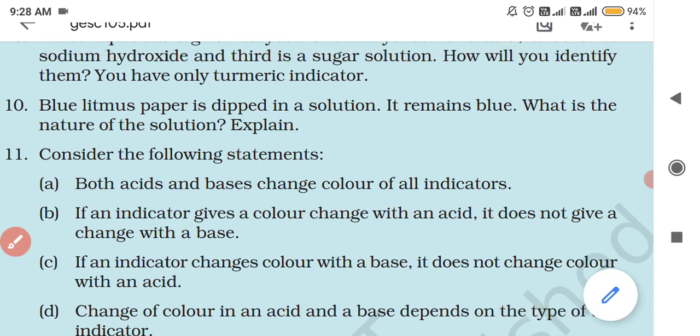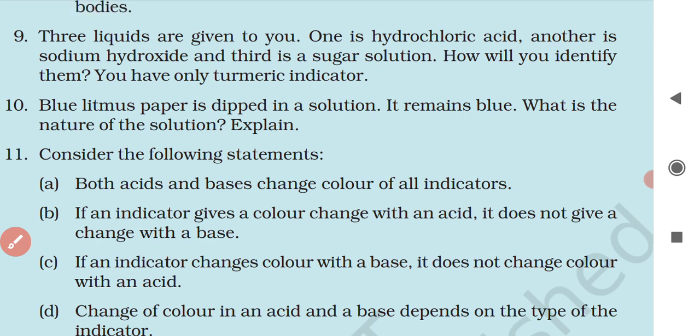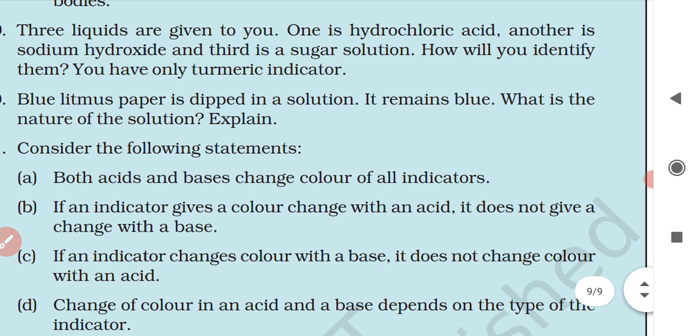So what is given in the statement? If an indicator gives a color change with an acid, it does not give a change with a base. In case of China rose indicator, both acids and bases change the color, from light pink to deep pink, and from light pink to green, respectively in acidic and basic substances, right?